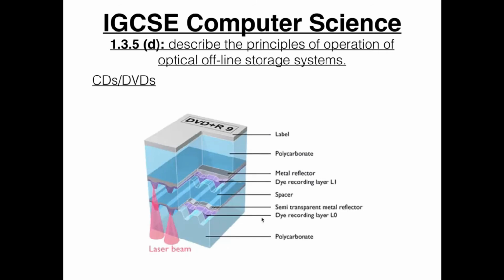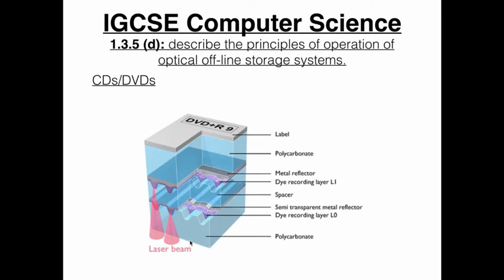So here's how DVDs look, if you were wondering. We have a laser beam that reads this part here, and a laser beam that reads this part here. There is a semi-transparent metal reflector, which basically means that a laser can pass through it.